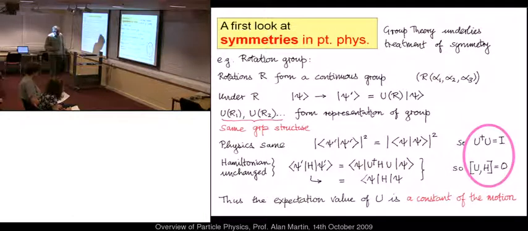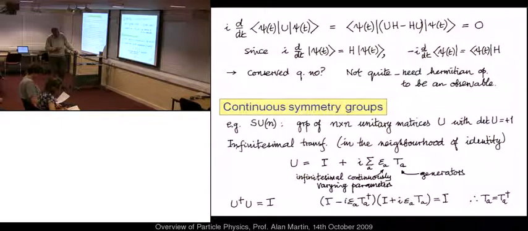So those are the 2 properties that follow from the symmetry. And you can see that if you differentiate this thing here, if you differentiate this expectation value of this operator, you've got to differentiate both this, and just using the fact that H is the time derivative, and that here, when you take the dagger of this, you're going to get a minus i.